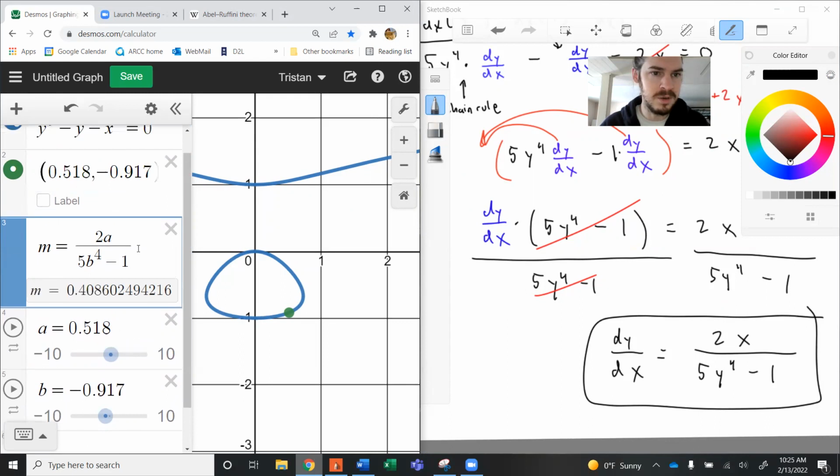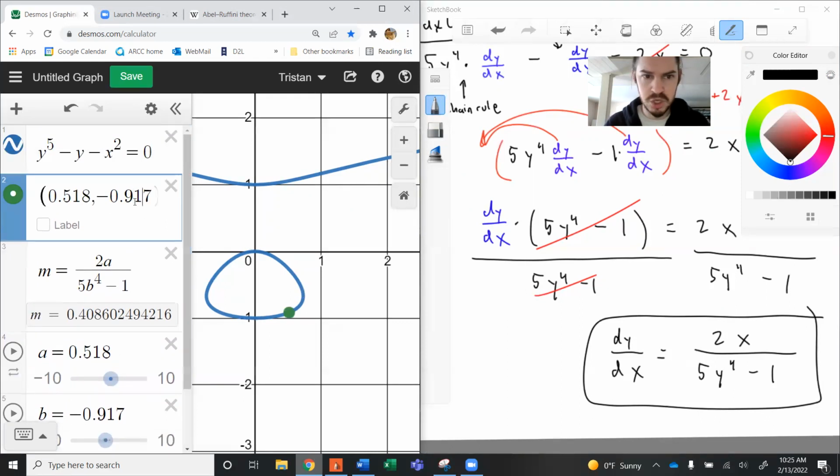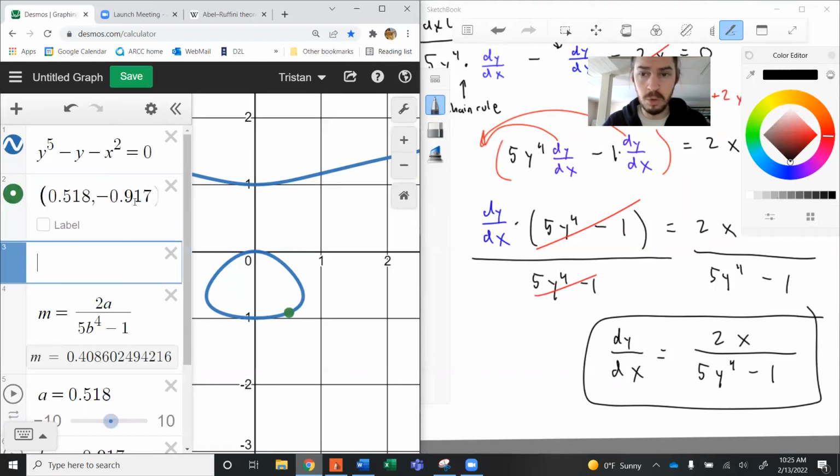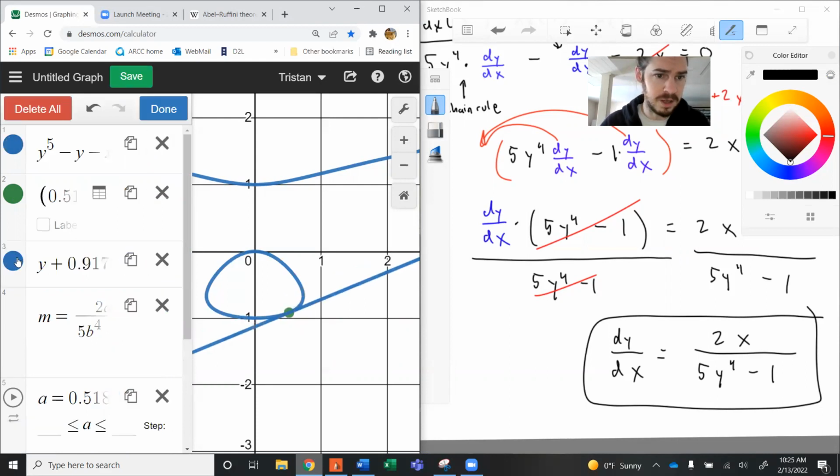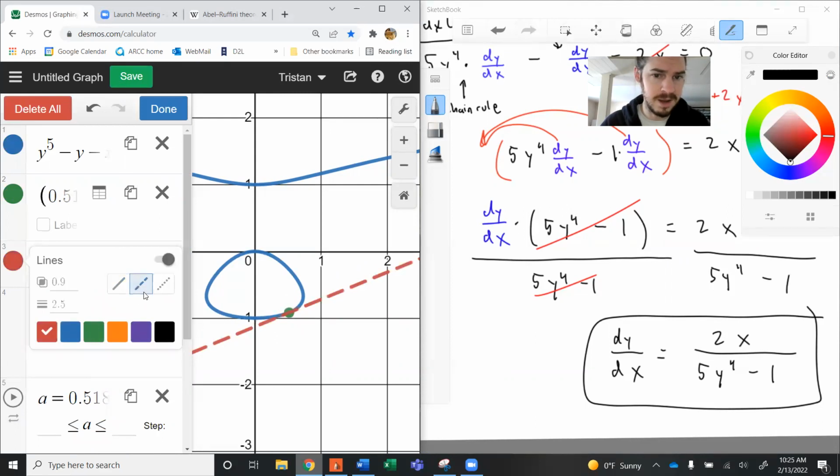Now I should be able to write an equation for a tangent line: y minus the y coordinate, actually going to be plus 0.917, equals this new slope formula m, times x minus the x coordinate, 0.518. Let me make that a different color, red dotted.